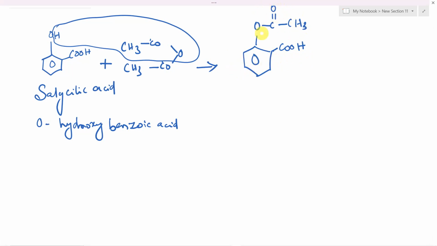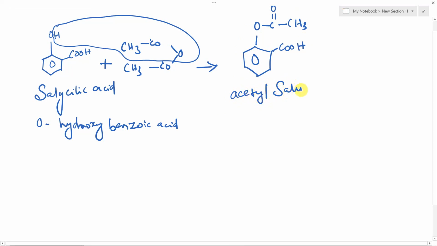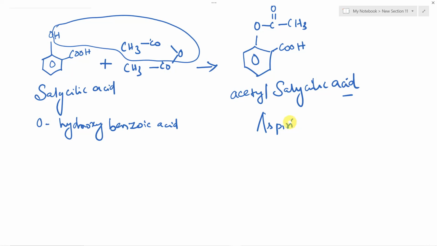CH3CO group is called acetyl group, right? So this is called acetyl salicylic acid. And the commercial name of this compound is aspirin. Right? So this is called acetyl salicylic acid.